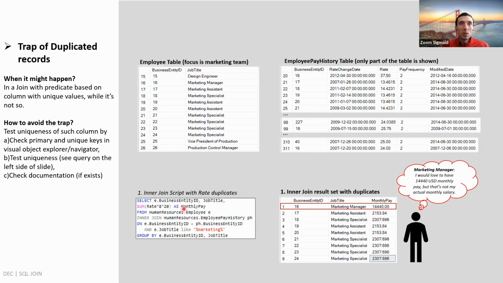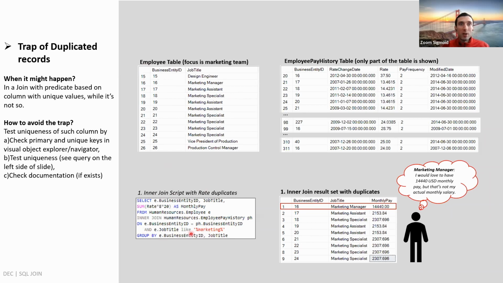Okay, how do we do that? Of course, we again use an inner join in order to select the pay rates only for marketing specialists, which means that we take from pay rate history only the values which are matching with the values from the employee table based on business entity ID. And you can see it here. We take the employee table and inner join it with the pay history table, and it's on business entity ID.